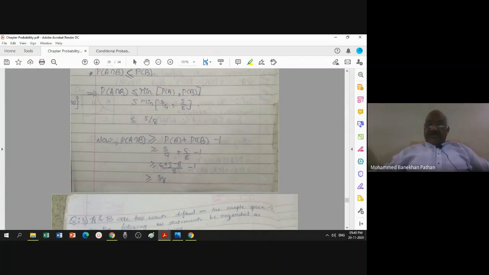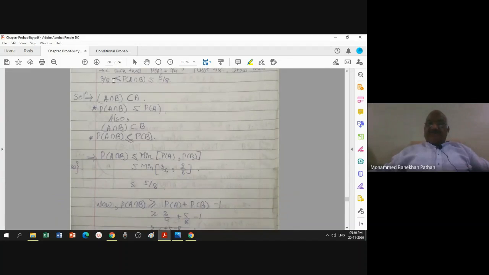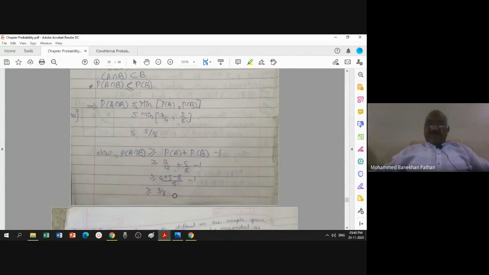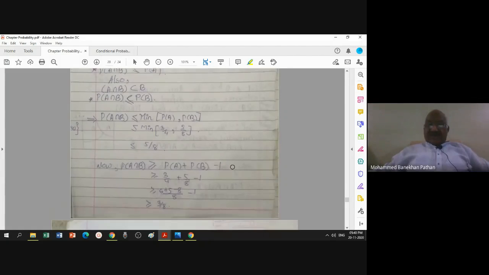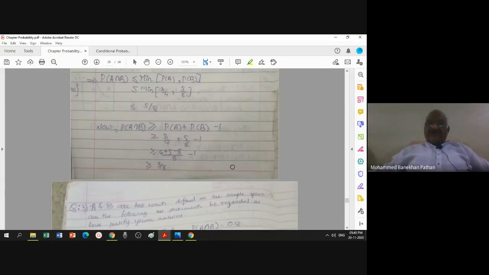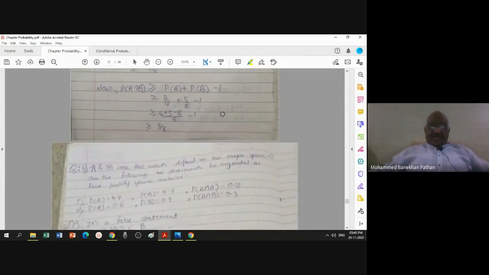Put the values and make a calculation. Result is 3 by 8. That is the lower limit of the problem. So from this equation and this equation, we satisfy your inequality. So this is the way of solving such numerical inequality.